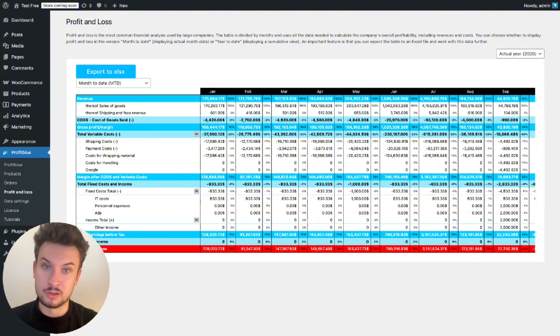So we can go through all of these important terms and say what they mean and how they affect your profit or loss. One of the most important things about profit and loss is your revenue, because revenue is what you get from your customers and how much your customers pay you. So revenue has two subcategories: sales of goods and shipping and fees revenue. Sales of goods are the sales for the goods themselves.